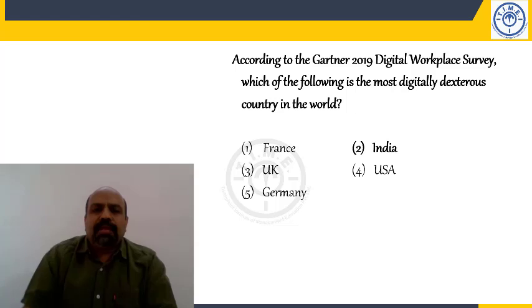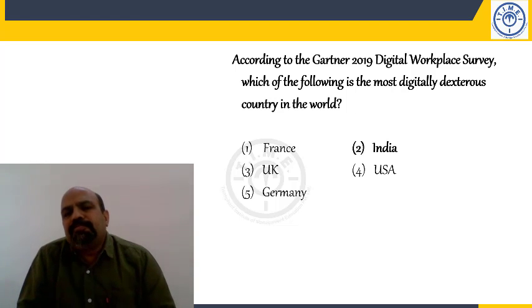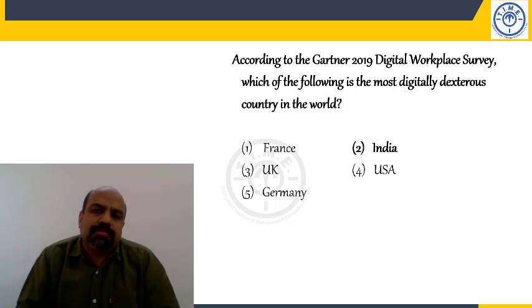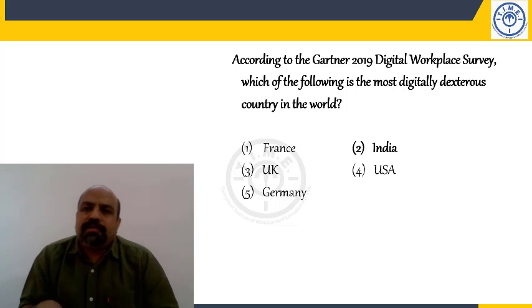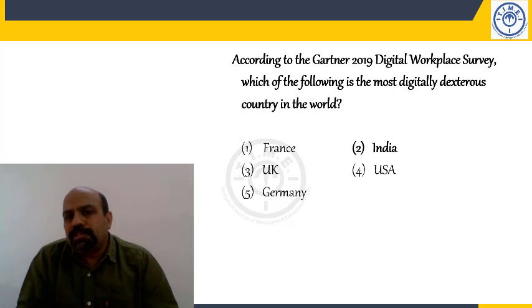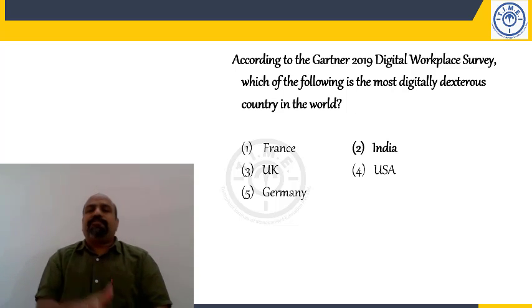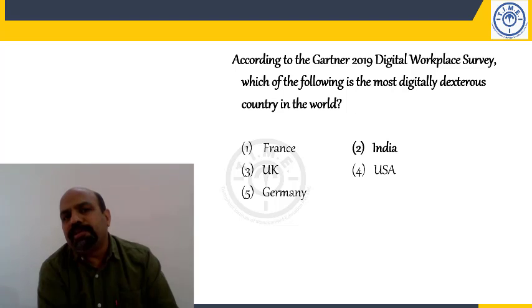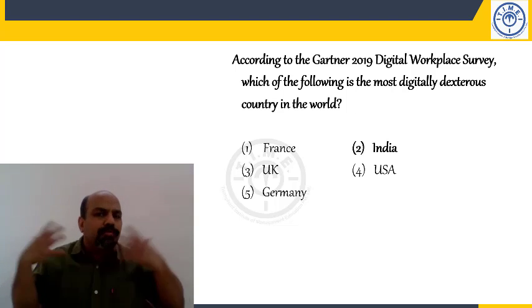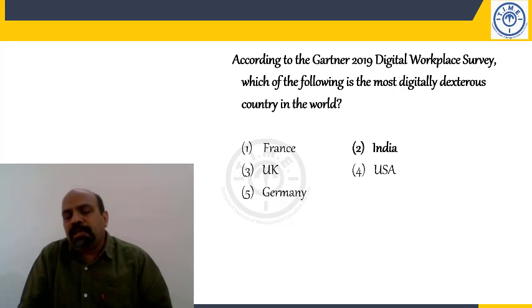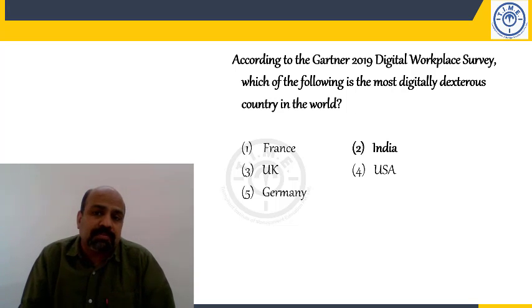Next. According to the 2019 Digital Workspace Survey, which of the following is the most digitally dexterous country in the world? Means country where people are highly tuned to changing technologies. India. The survey found out that about 70% of Indians are pretty conversant with emerging technologies like machine learning, artificial intelligence, Internet of Things.